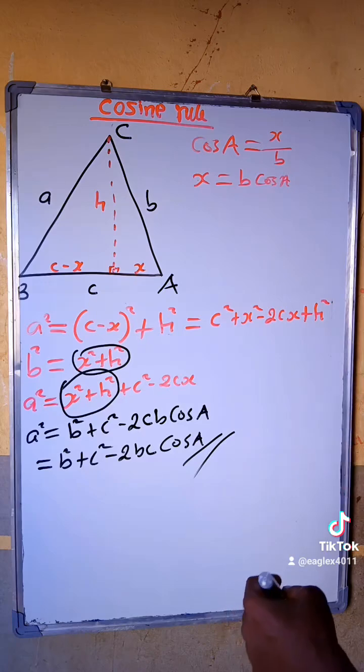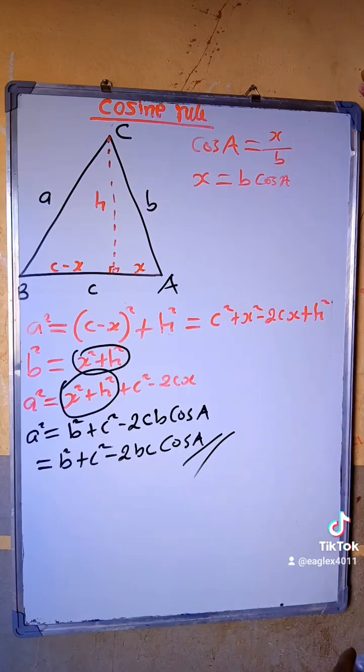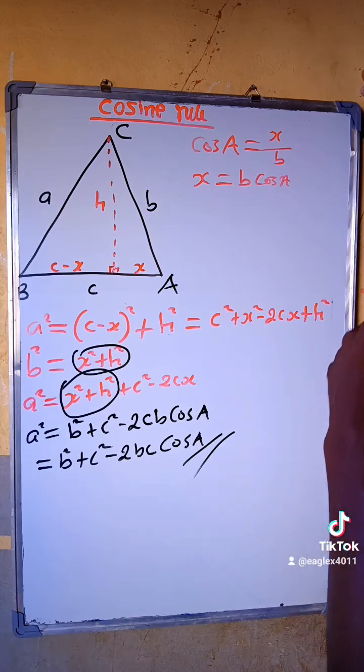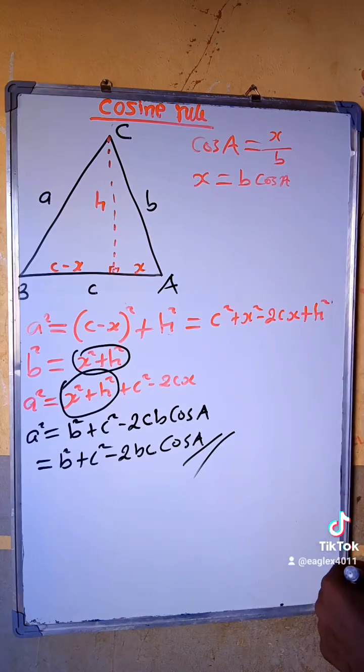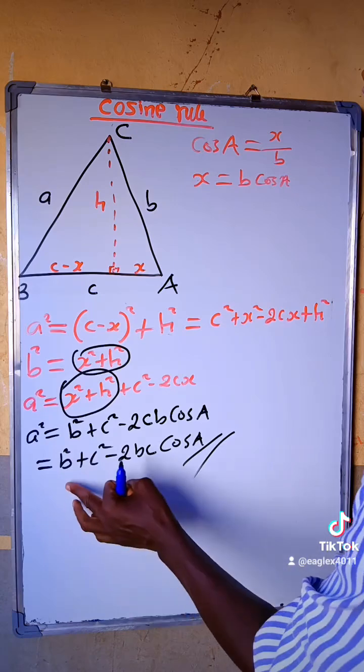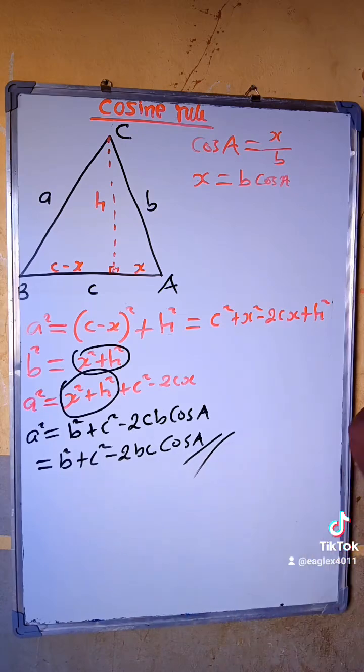Whether it happens to be an acute, obtuse, equilateral, isosceles, or scalene triangle, we must apply this formula in order to get our right answer.